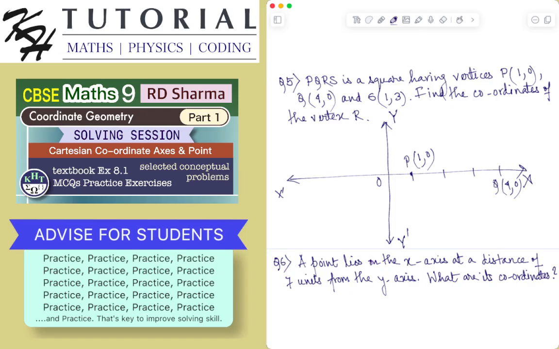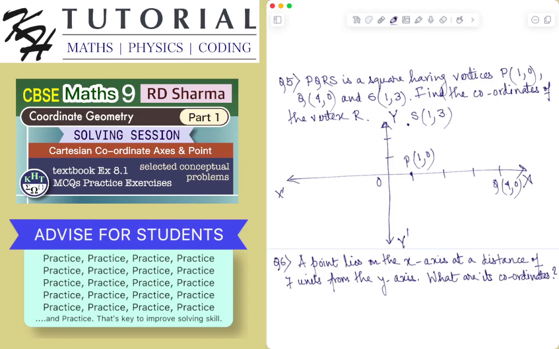So if I do some marking along the y-axis, this is 1, 2, 3, somewhere here. This will be the point S, whose coordinates are (1, 3). The point S is at a distance 1 from the y-axis, and at a distance 3 from the x-axis.